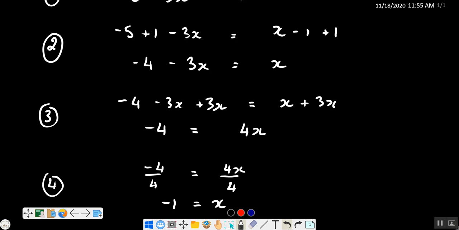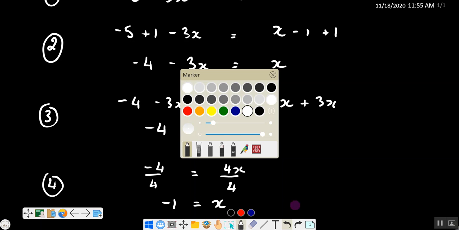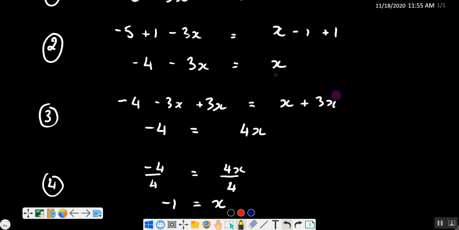Back when we had negative 4 minus 3x equals x, why didn't we just subtract the x's so it's negative 4 minus 3? Just have a think, hang on, let him think. If I subtract the x instead, what would I have ended up with? Negative 4 minus 3 equals 0. Yeah, and then that makes negative 7 equals 0.